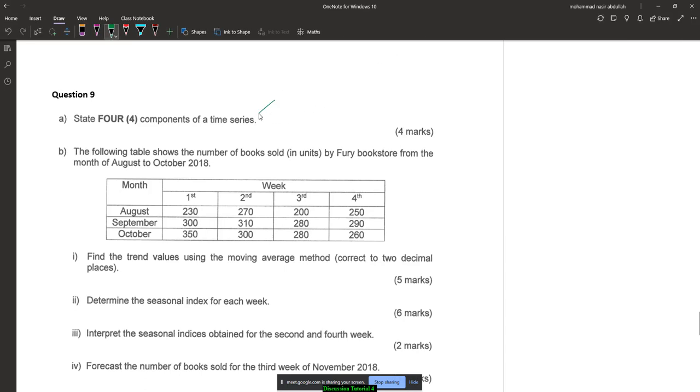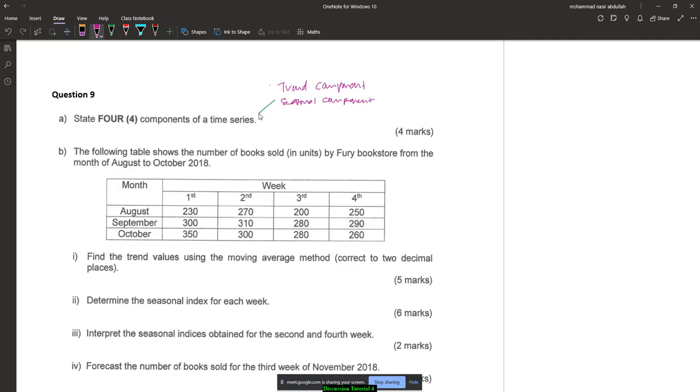So, what are the 4 component in time series? Kita ada trend. Lagi satu, seasonal. Kena tulis penuh-penuh lah. Trend component, seasonal component. Ingat dia punya short form TSCI.